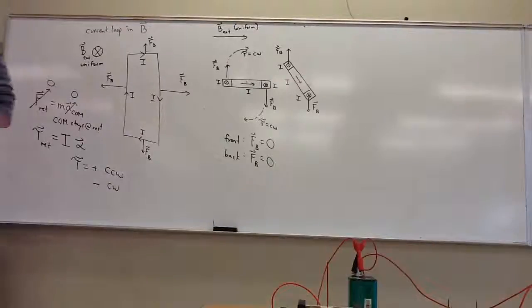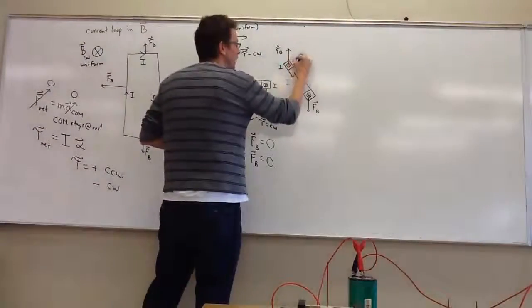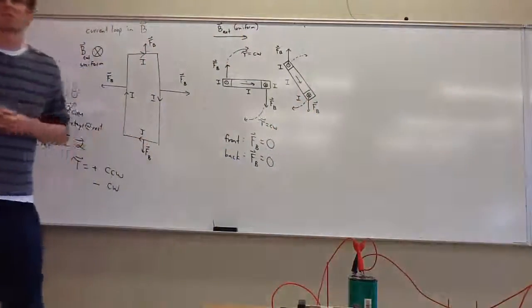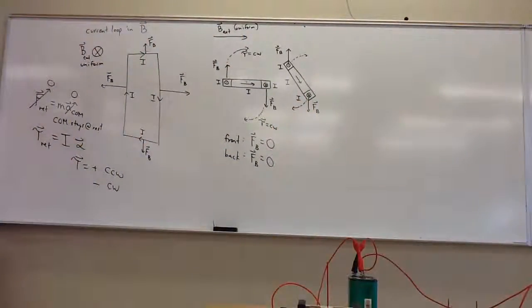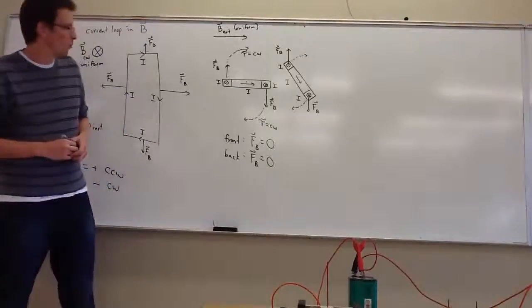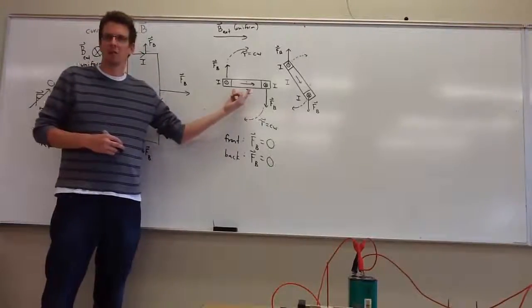So we find something interesting. These forces are still rotating it clockwise, but notice that they're sort of falling off the tangential path, right? These forces are no longer completely tangential to the circle, right? So one way you can visualize this is if this wasn't a current loop, it was a panel of a revolving door, right?